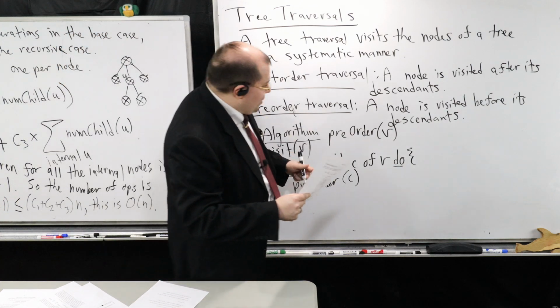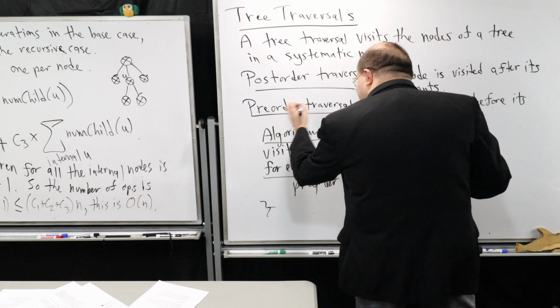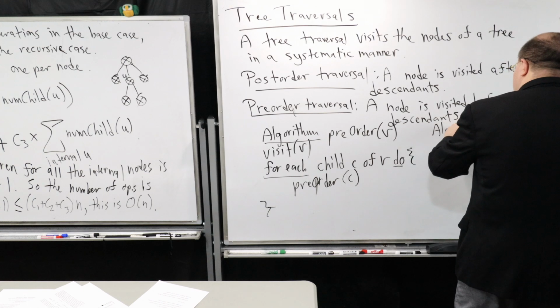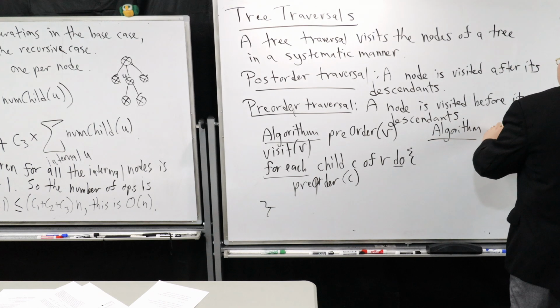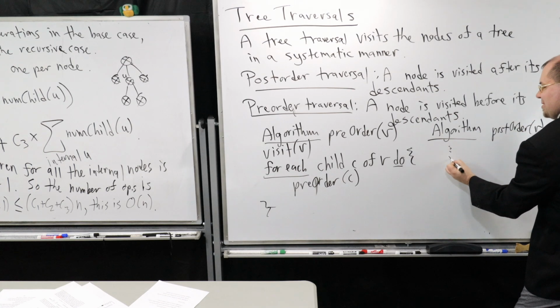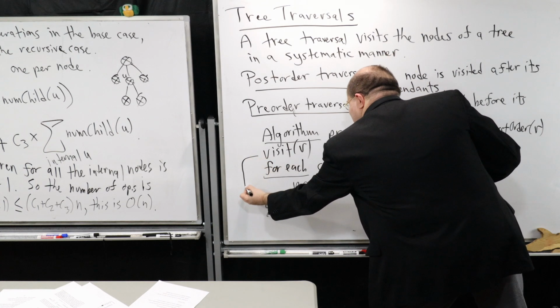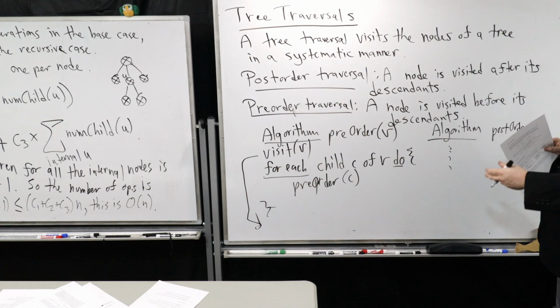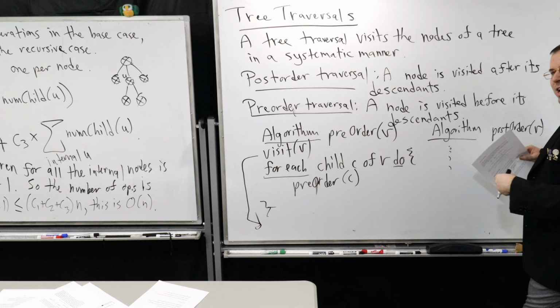So if you want to know how to write post-order, you just simply write the same thing. You have algorithm post-order with a V. It's the same thing, except you're going to move this below the for each loop. And that's post-order. It's just simply that modification I made over there.